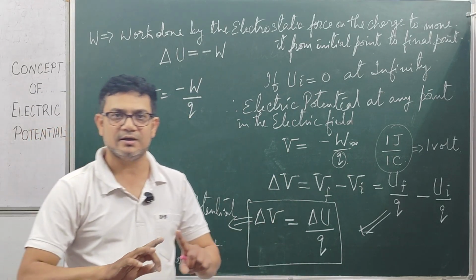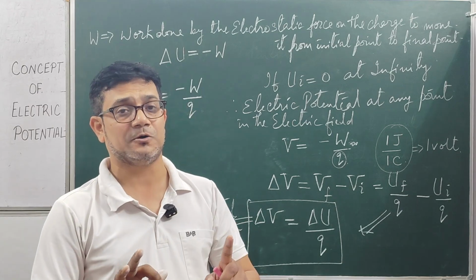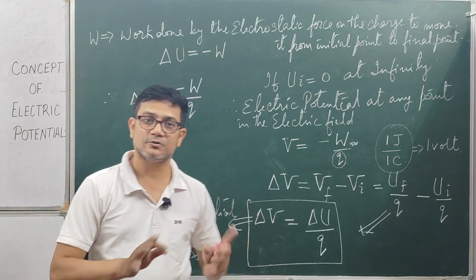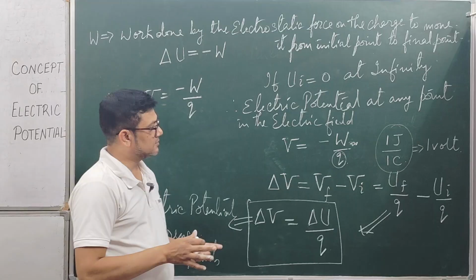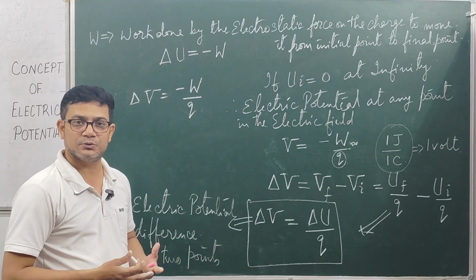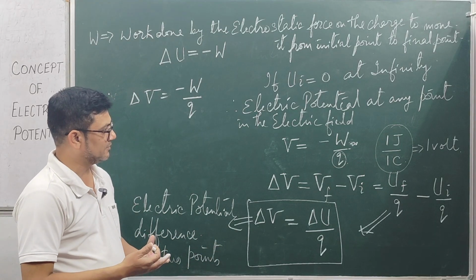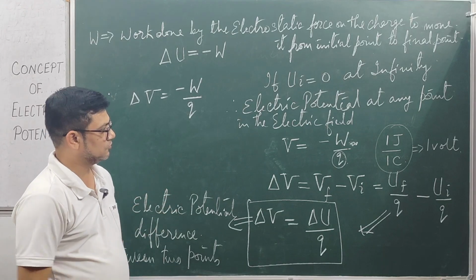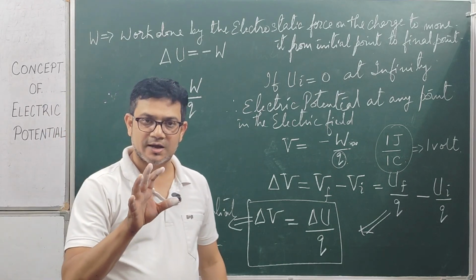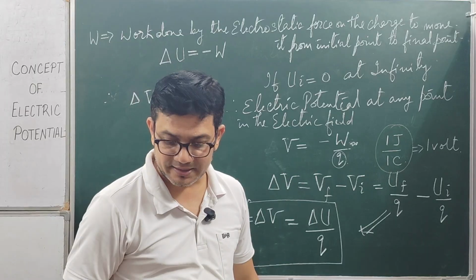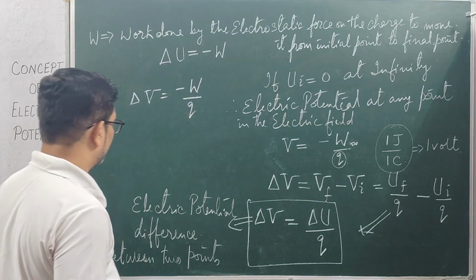However, in the domain of atomic and subatomic levels, there is a convenient energy unit of measurement, and that is known as the electron volt.